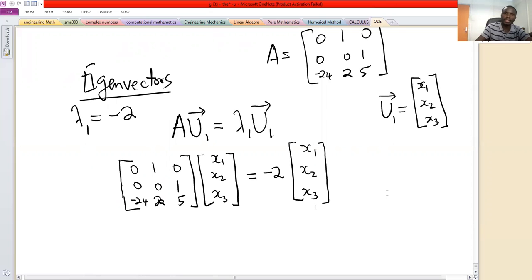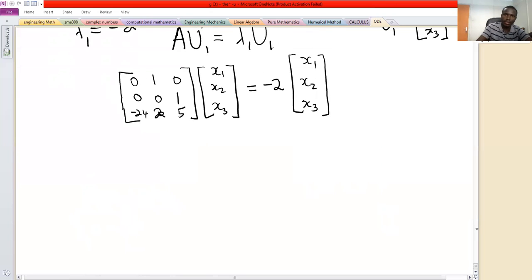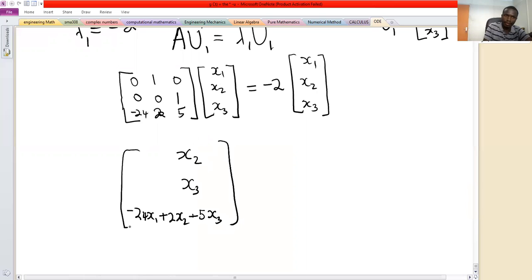And then the left-hand side will give us 0 times x1 is 0, 1 times x2 is x2, so we'll have x2. 0 times x1 is 0, 0 times x2 is 0, this will give us x3, and then this other one is negative 24x1 plus 2x2 plus 5x3 should give us negative 2x1, negative 2x2, negative 2x3.